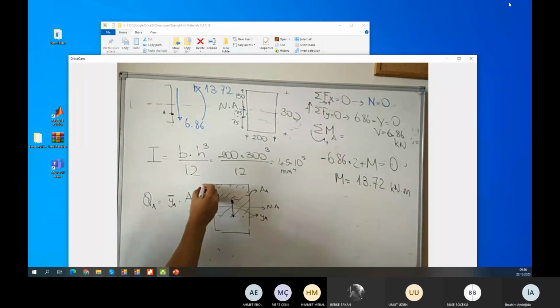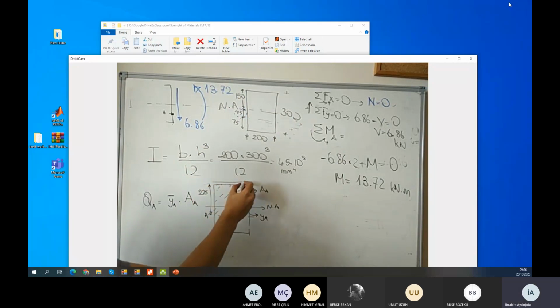So how can we compute area A? This one is 150, half of the 225. So this length is 225, and this length is 200.